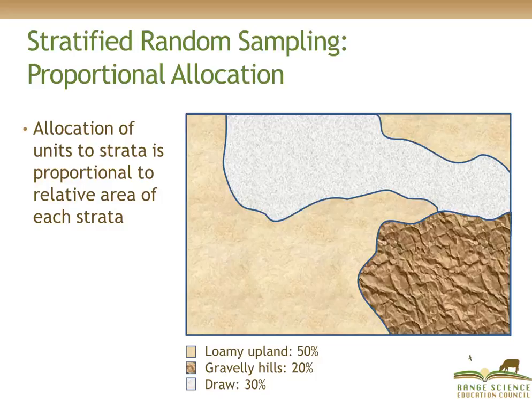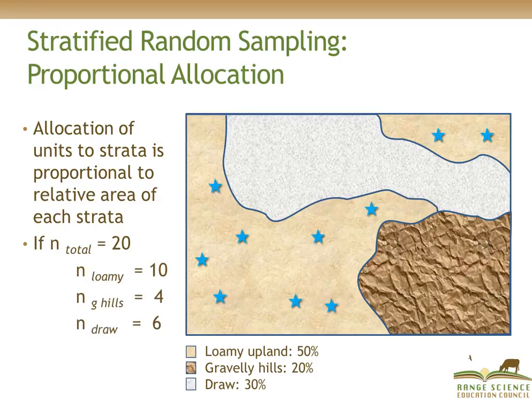In this case, the allocation of sampling units to the different strata is proportional to the relative area of each strata. So in this example that we have, if we decided that we could only position 20 sampling units in the entire area, we would then allocate 10 sampling units to the loamy uplands because it represents 50% of the area.